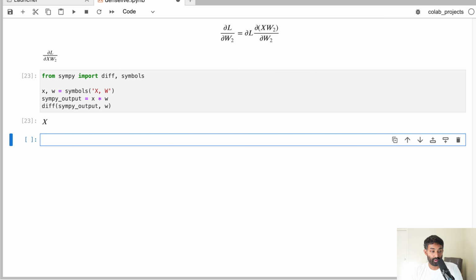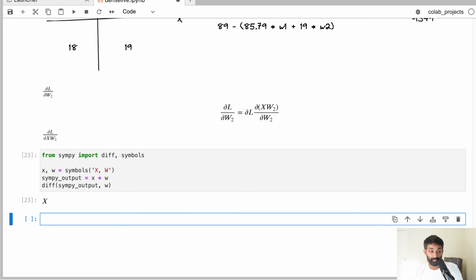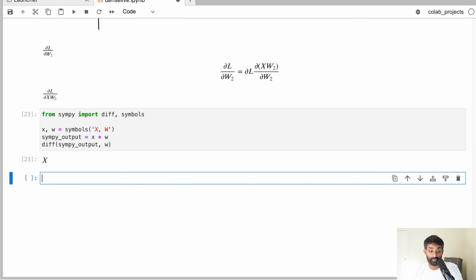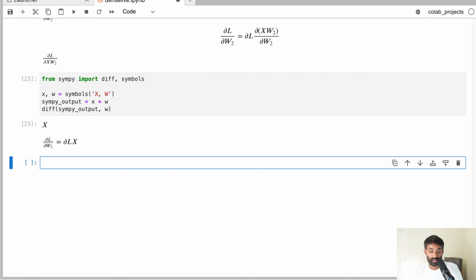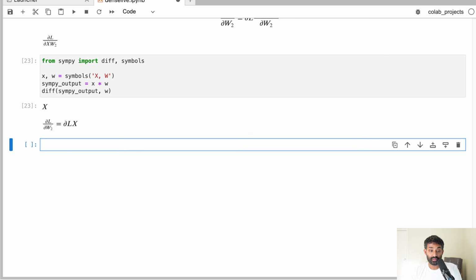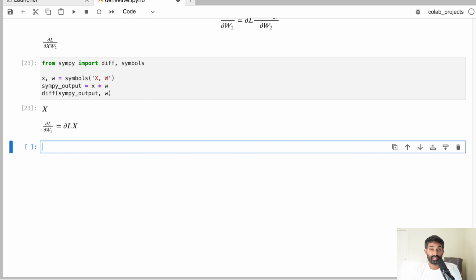So essentially what we're going to do is multiply this out. So we can say that the partial derivative of our loss with respect to W2 just equals the partial derivative of loss times X. So that's what we end up with. And basically, we're applying this chain rule to find the updates for every parameter.